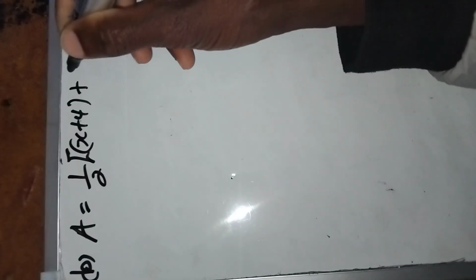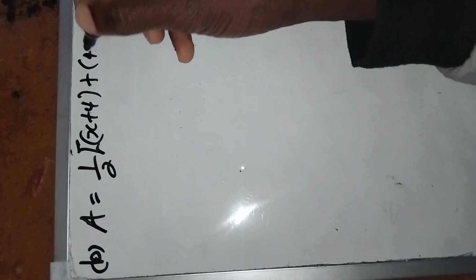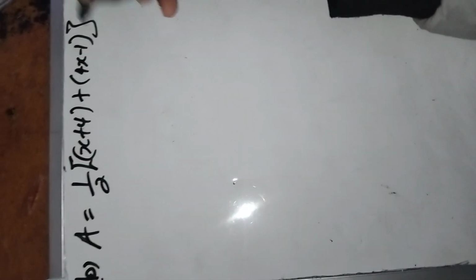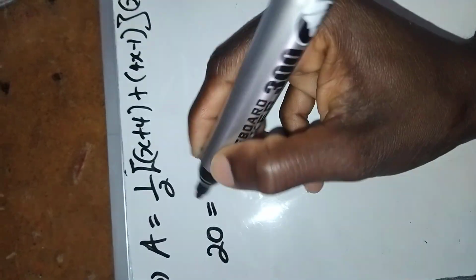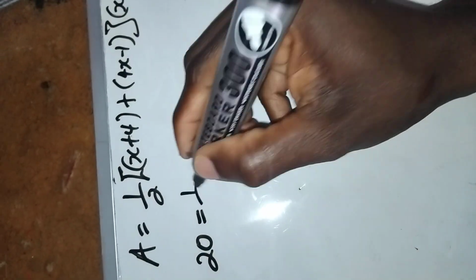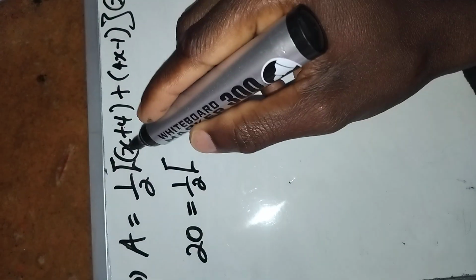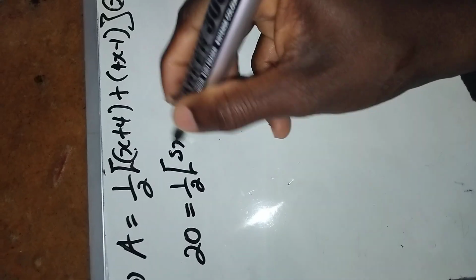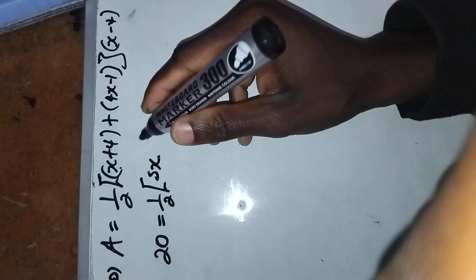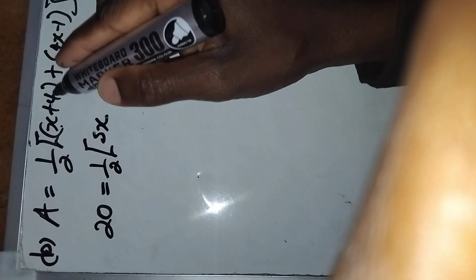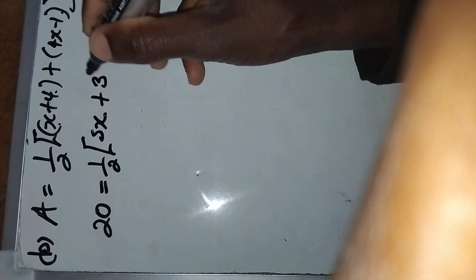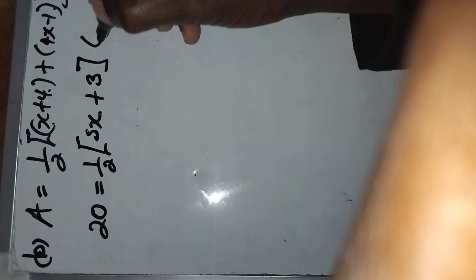plus 4x minus 1, times x minus 4. So the area, which we are given as 20, is equal to half, and when we simplify x plus 4x it's 5x. Here 4 minus 1 is plus 3, then x minus 4.